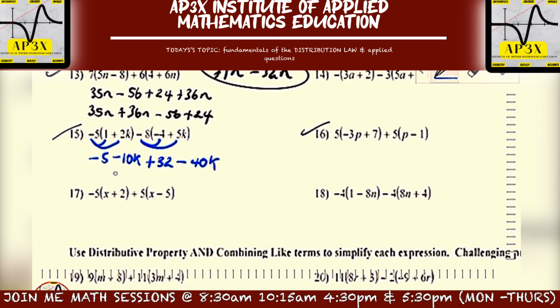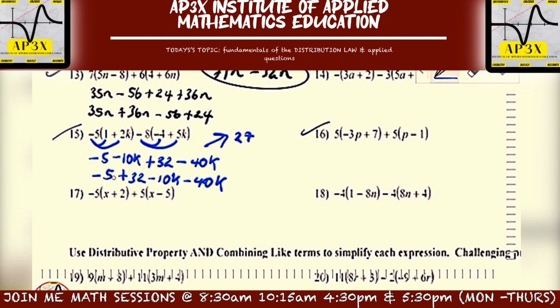So by grouping like terms, we end up with minus 5 plus 32. I normally like to group by the term that I see first. If I see the number, I tend to want to group the numbers first. So minus 5 plus 32 minus 10k minus 40k. Easily then we end up with minus 5 plus 32, which works out to be positive 27.